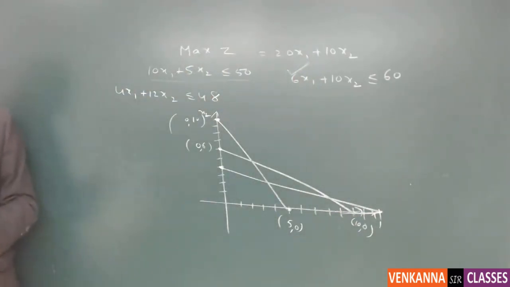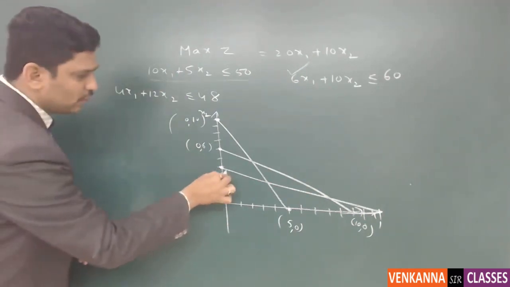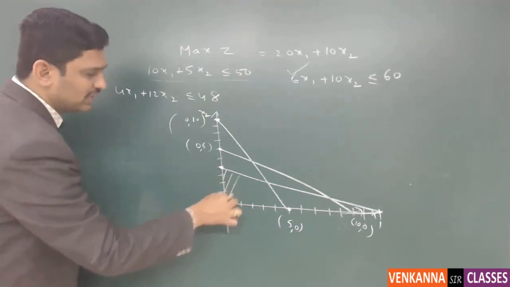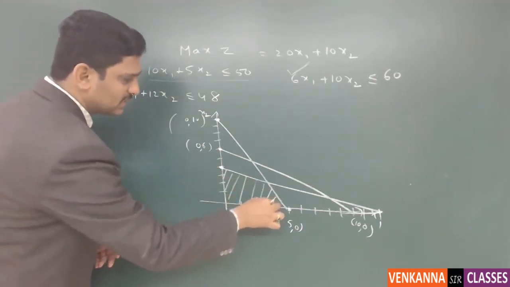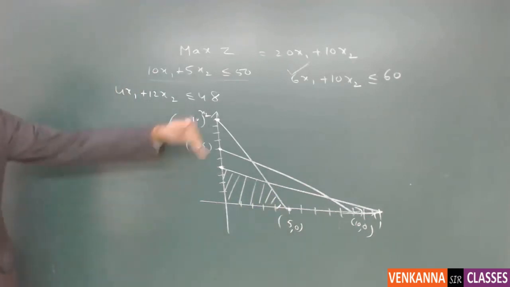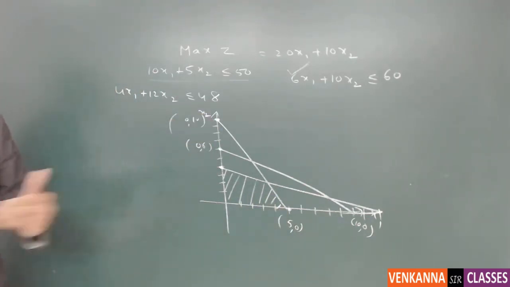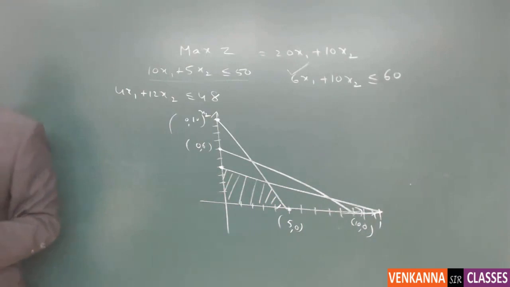Since all the inequalities are of the type less than or equal to, this is the only closed region we are going to consider, which lies below the 3 inequalities. Accepted for the feasible space to everyone? Right.